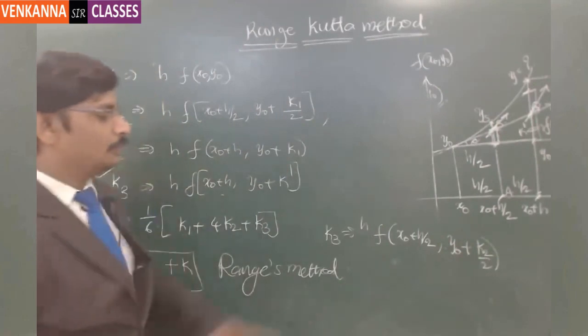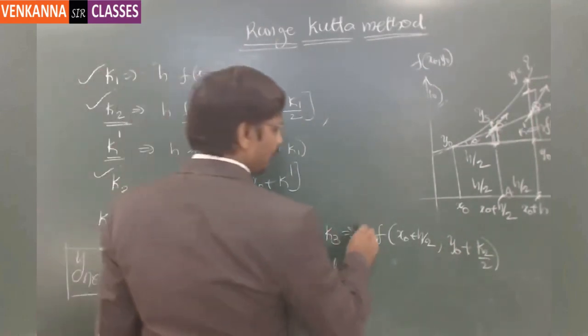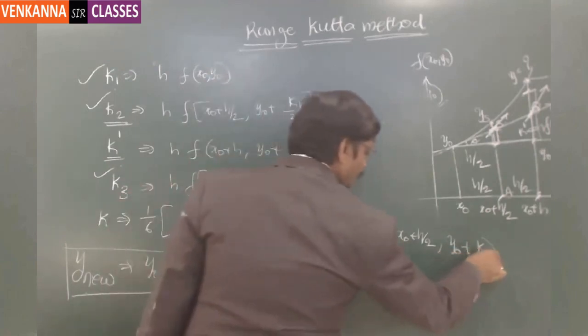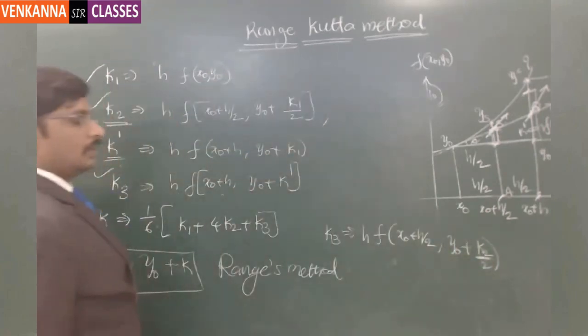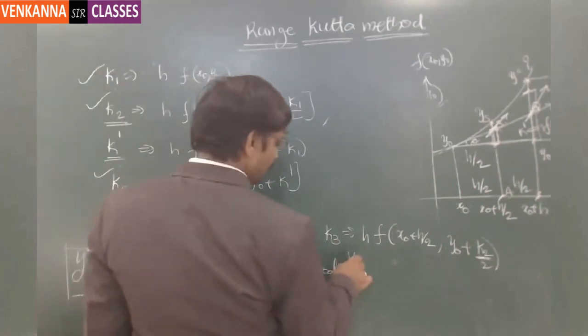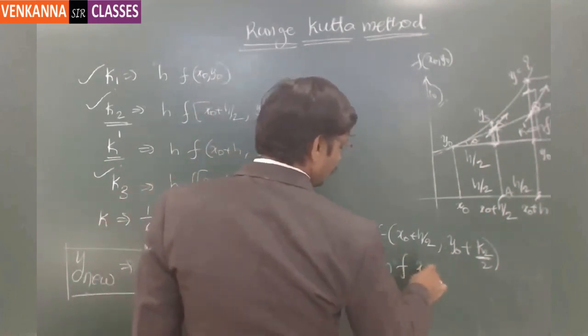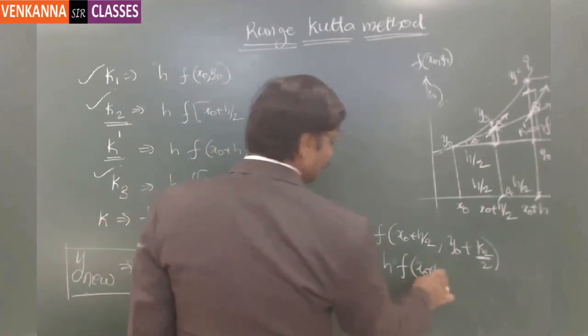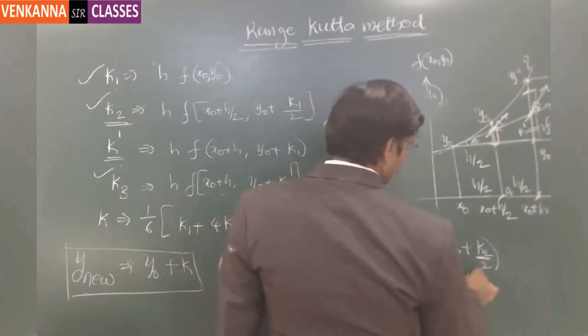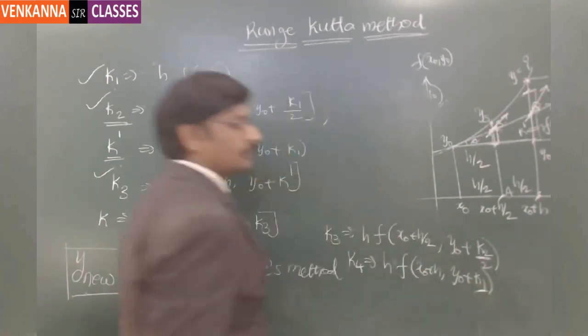So this is the improvement in case of Runge-Kutta's method. So this k2 usage is the better thing. Now once you calculate k3, then k4 we can calculate. K4 is equal to h times of f of x naught plus h comma y naught plus k1. So this is k1 only, right?